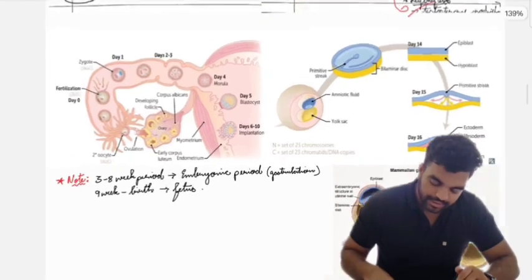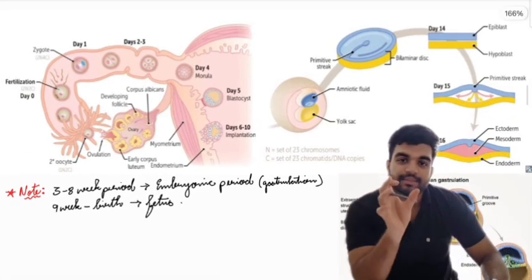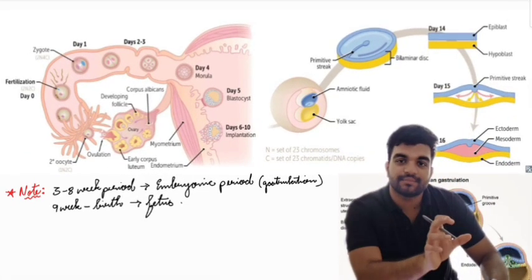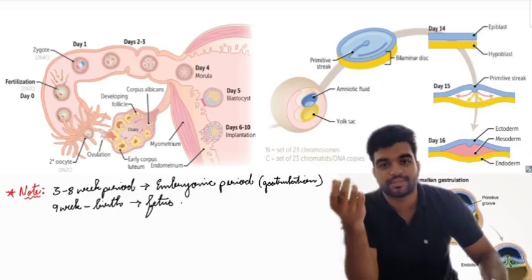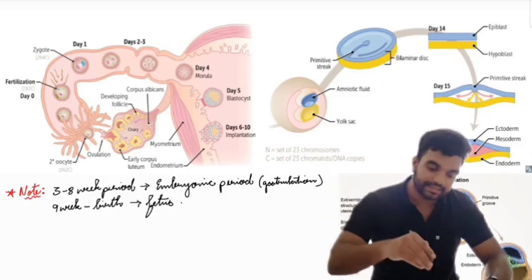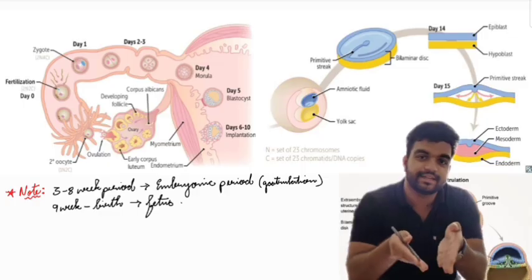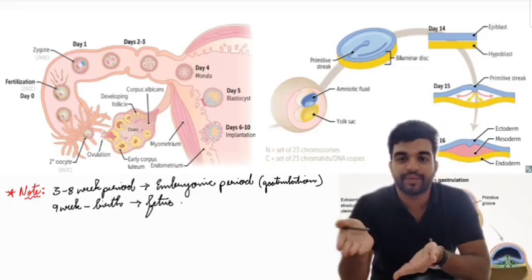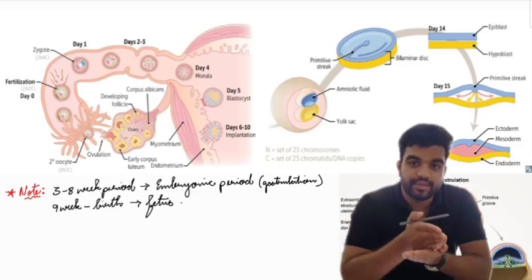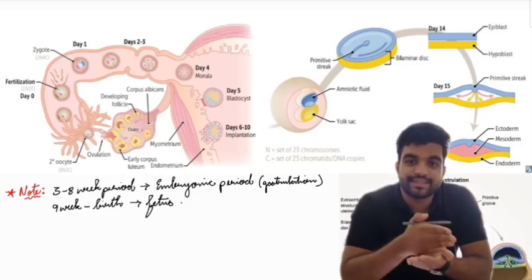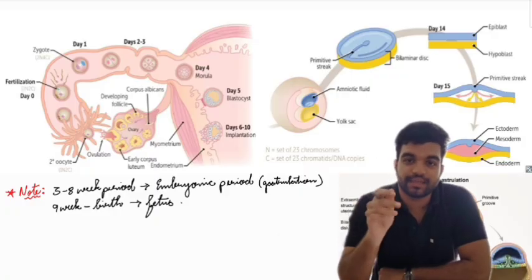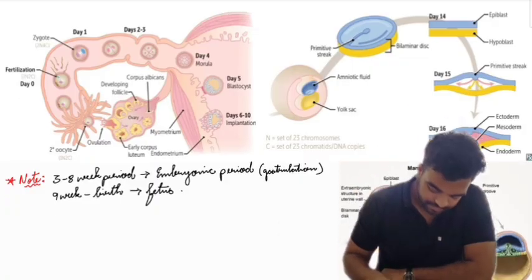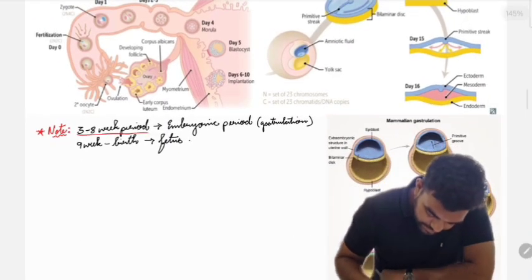Further moving on, now that we know there is formation of oocyte from the female gonad and formation of sperm from the male gonad, let us discuss embryology in detail. What is embryology? Embryology is the study of the embryo. What is an embryo? Embryo is the stage of the zygote or fetus from the 3rd week till the 8th week of intrauterine life, known as the embryonic period.